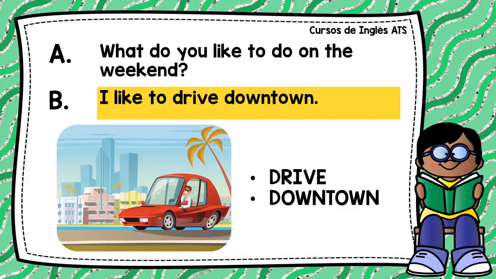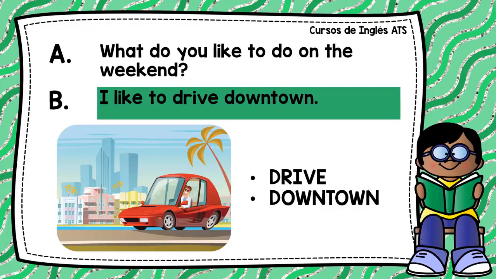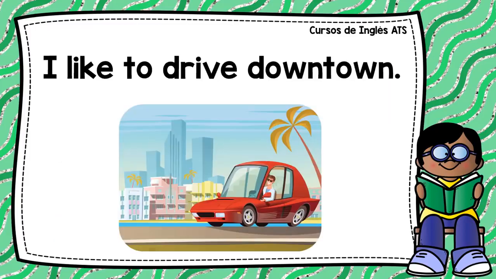Let's review. What do you like to do on the weekend? I like to drive downtown. Let's analyze the sentence. Recuerda, cuando usas like con otro verbo, los tienes que separar usando to.